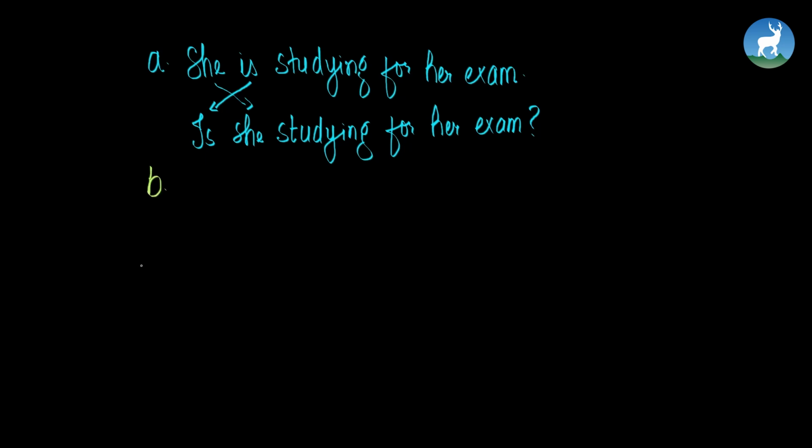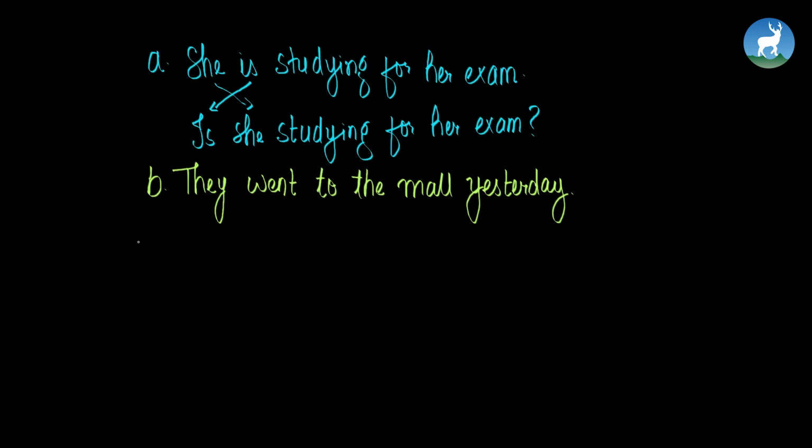Okay, let's go to another example. Example number B. They went to the mall yesterday. Now, how do you change it into a yes or no question? See here, there's a hidden verb here, and that one is "did". We have to discover that, okay? Now, what do we do? We just invert the subject and the hidden verb.